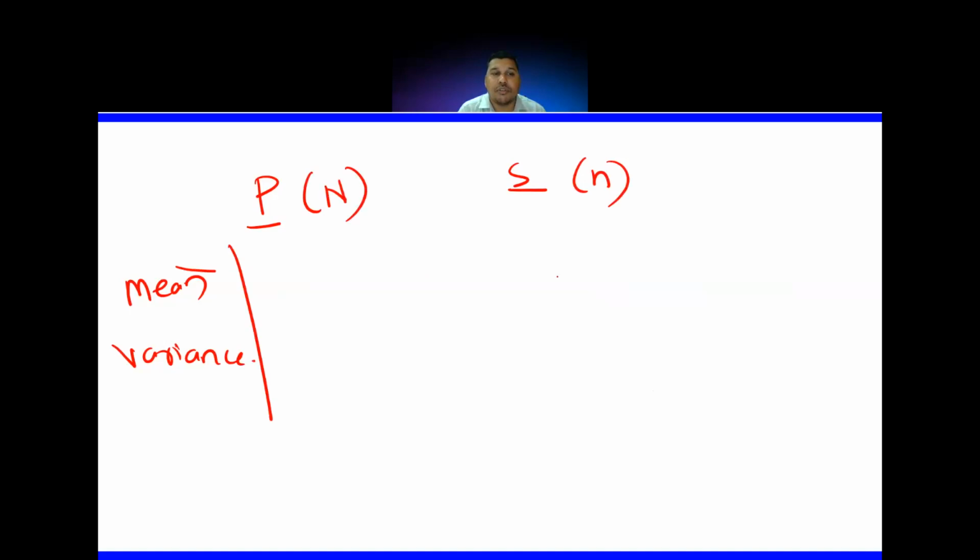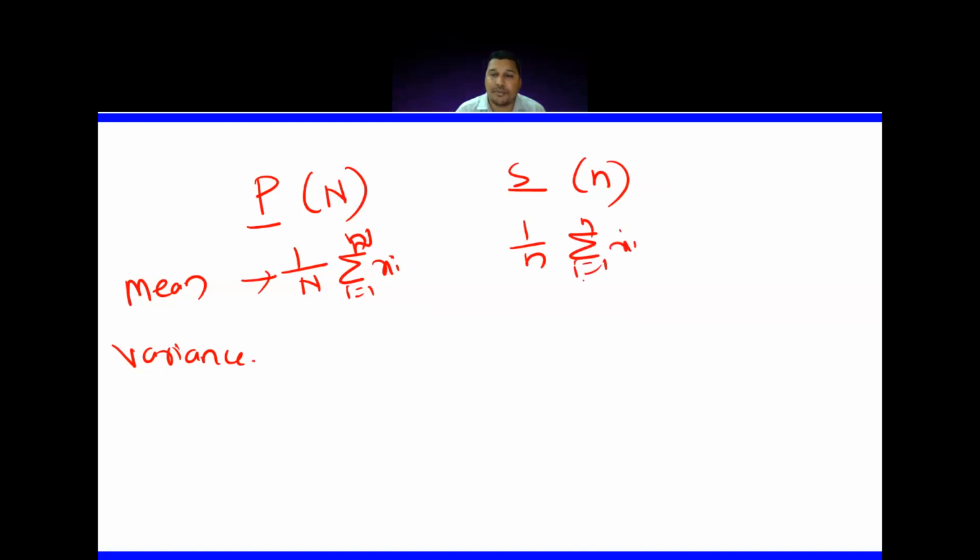The mean for this population with N elements is simply 1 by capital N sigma xi, i equal to 1 to capital N. Here also it's the same, 1 by small n sigma i equal to 1 to n xi. So sum of all the elements by n, you get sample mean, you get population mean.